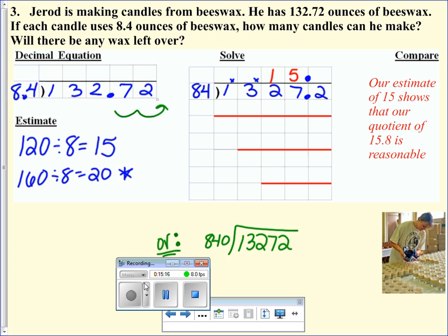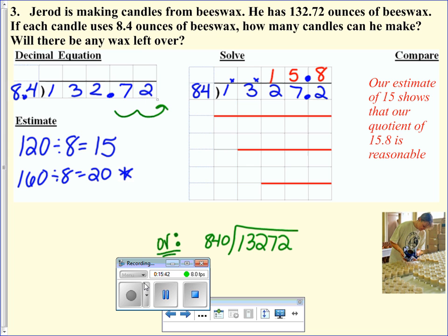15 and 8/10. And then our sentence tells us that our estimation of 15 or even 20, if our estimation was 20, 20 is not that far from 15 and 8/10. They're both still in the tens family, so I know my decimal's in the right spot. It's not like 158 and 20, because then that would set off an alarm.